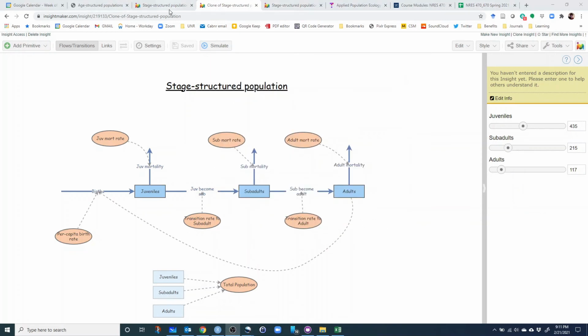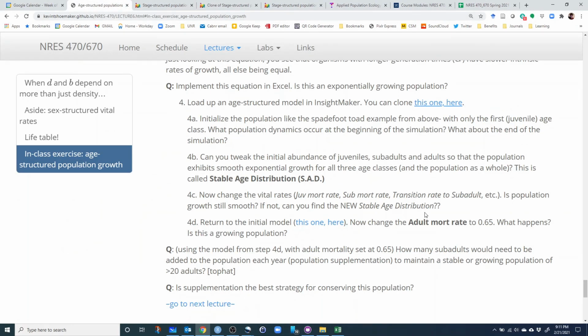In the last part of the exercise, you're asked to change the adult mortality rate to 65%, so a much increased adult mortality rate. First of all, just see, is this a growing population or is it a declining population? And then imagine we are implementing a population supplementation program where we can release subadults into the wild.